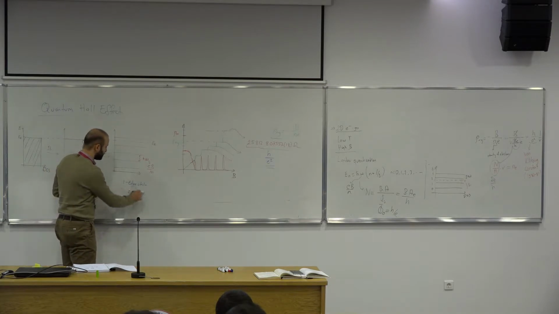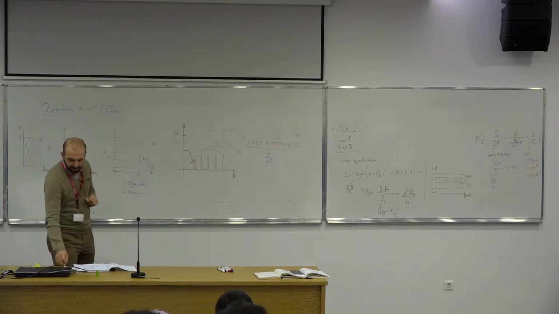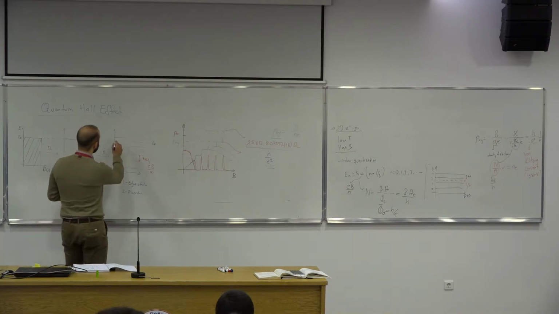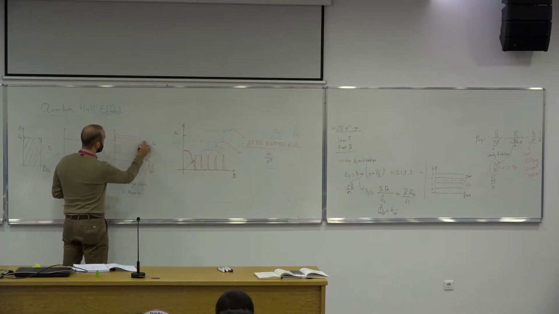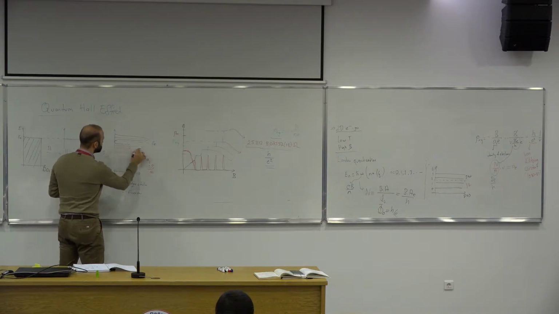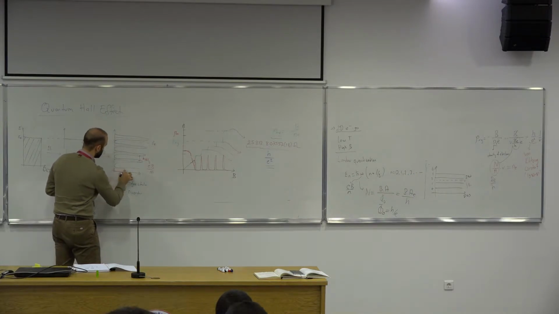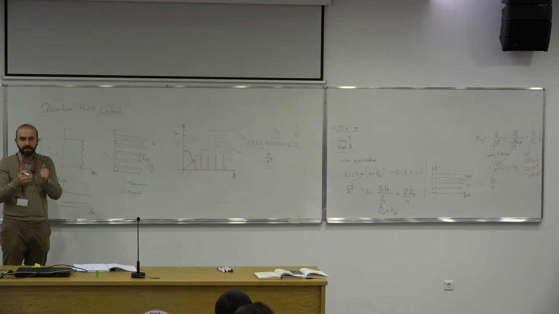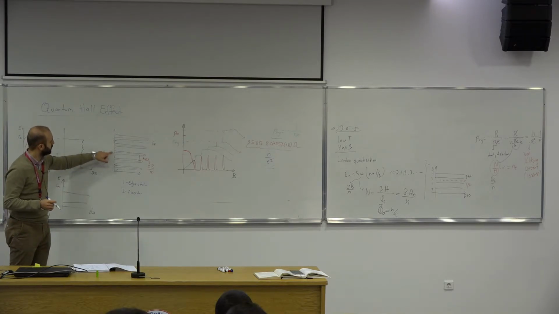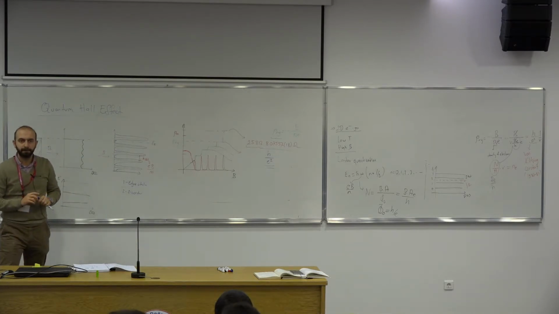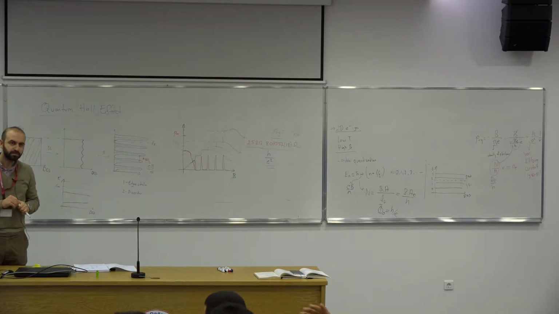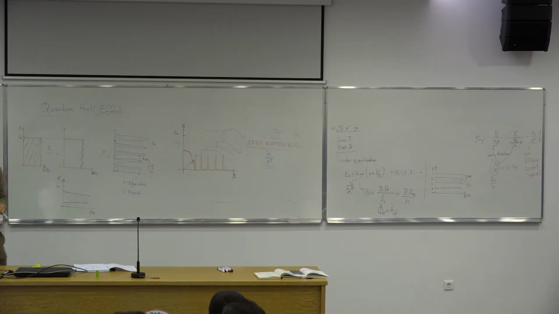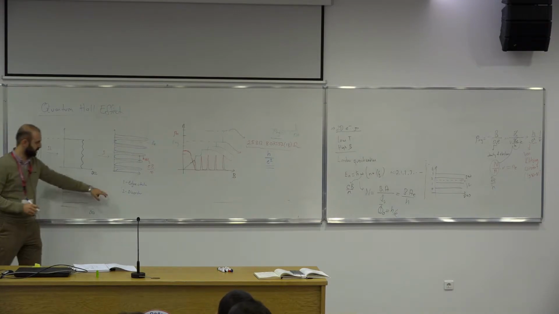So the net effect of the disorder will be broadening of the Landau levels. Okay? So the actual Landau levels are not infinitely sharp energy states, but they are like Gaussian-shaped energy states centered around the Landau levels. I'll explain that. Disorder is easier, so that's why I first started with disorder.